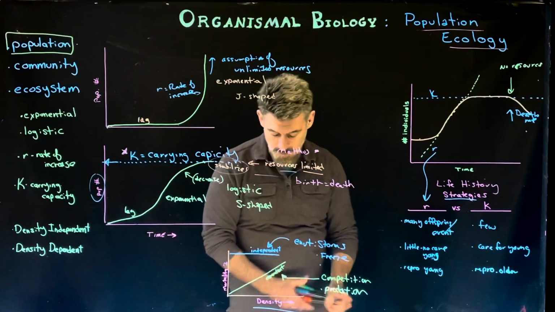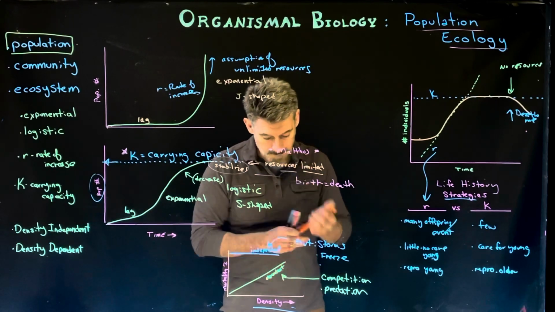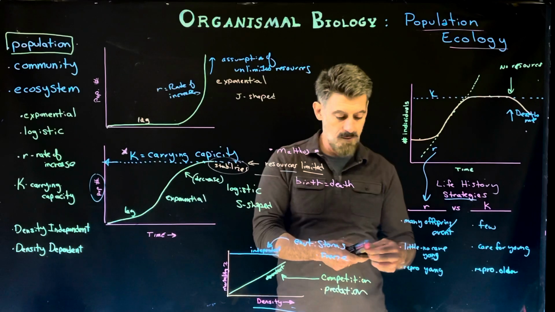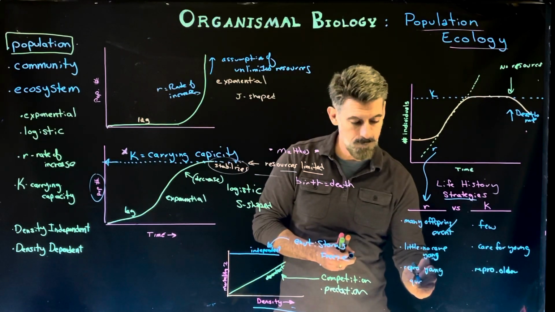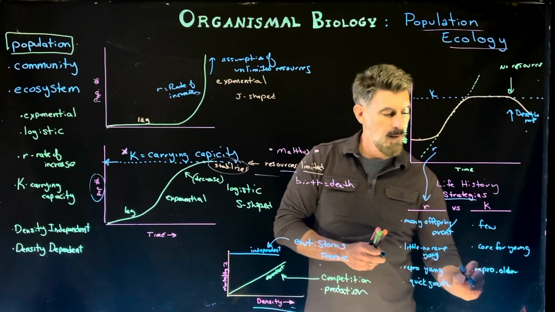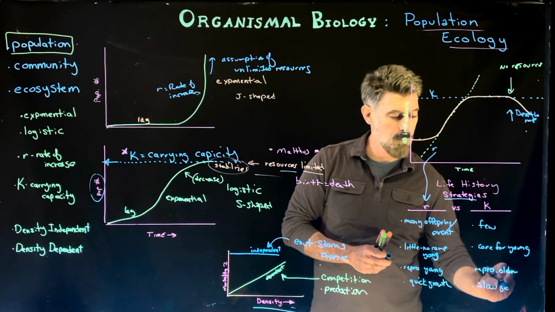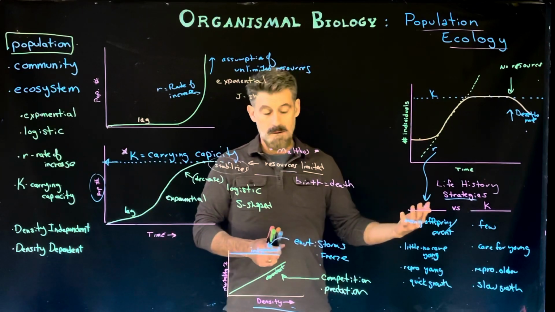Other sorts of things that we have, some categories, are periods of development themselves. So R strategists usually go through a quicker development, and the K strategists usually have slower growth patterns to reach adulthood or maturity.